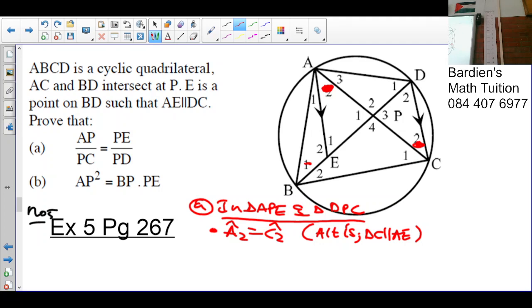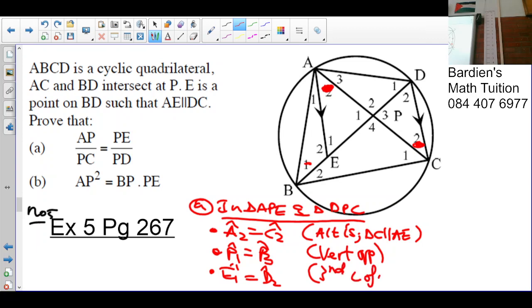D2 is equal to E1. Alternate angles. Or we could have said angle P1 is equal to angle P3. Why? Vertically opposite. And what you guys said was E1 is equal to angle D2. It's either the third angle of a triangle, or you're going to see alternate angles with DC being parallel to AE.